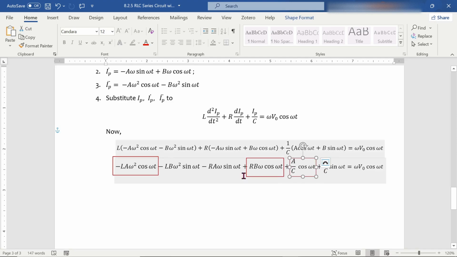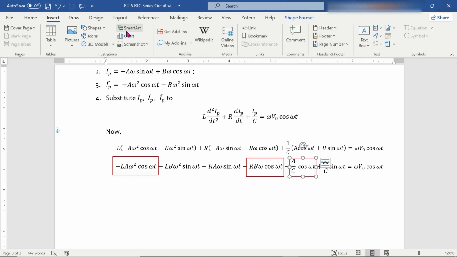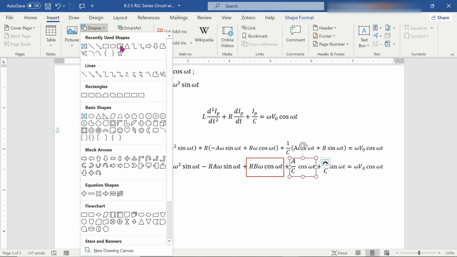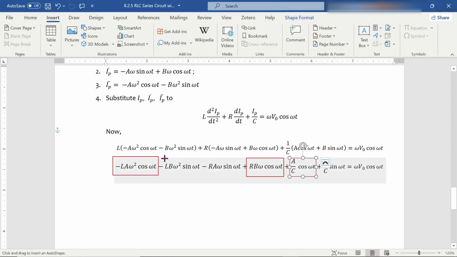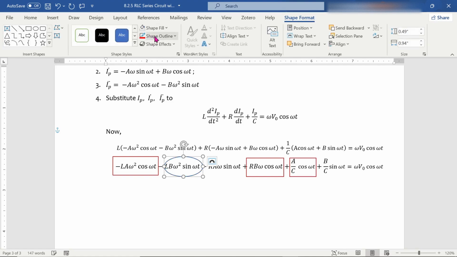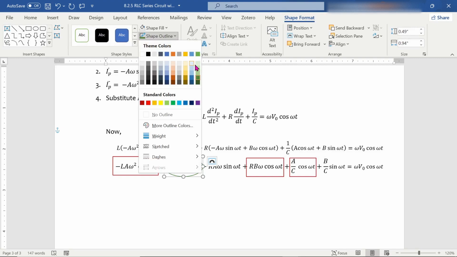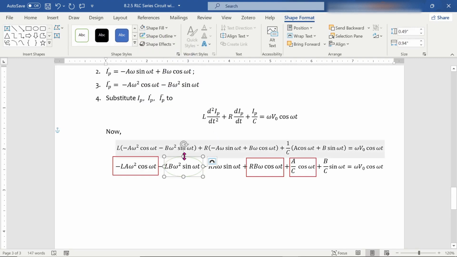And then for the sines, maybe we can put them inside a circle. So we have here the sine. Let me change the color into green. And then just copy this one. This also contains a sine function.